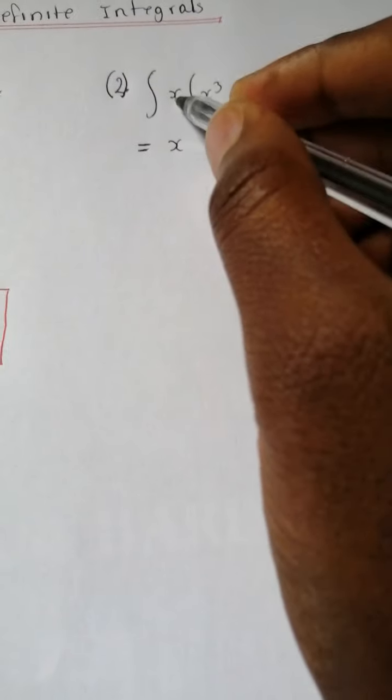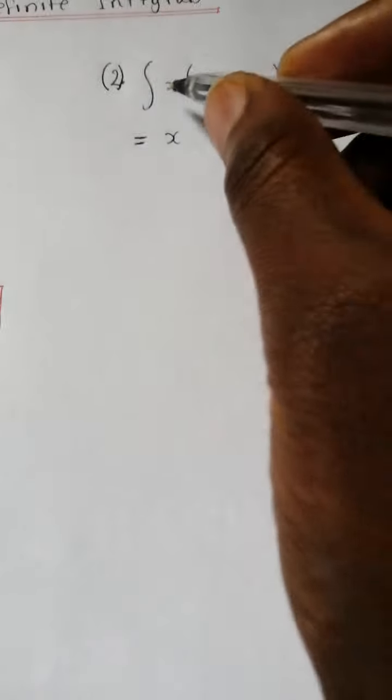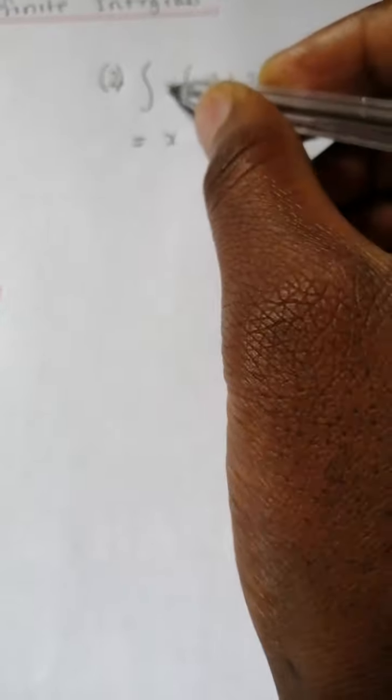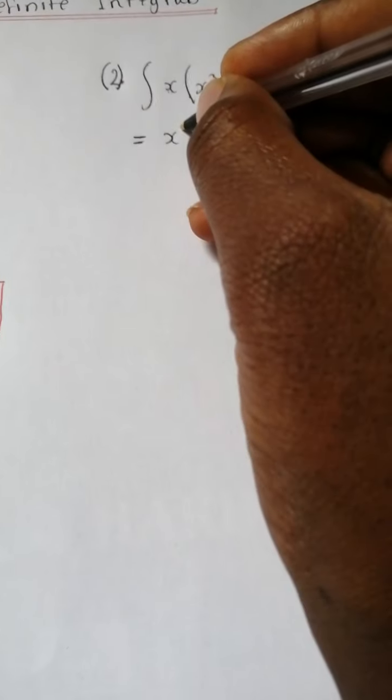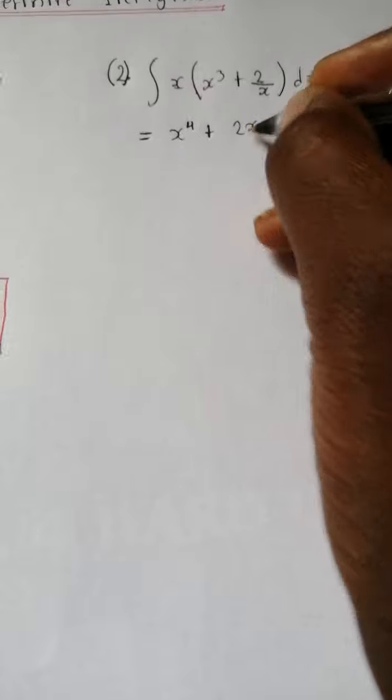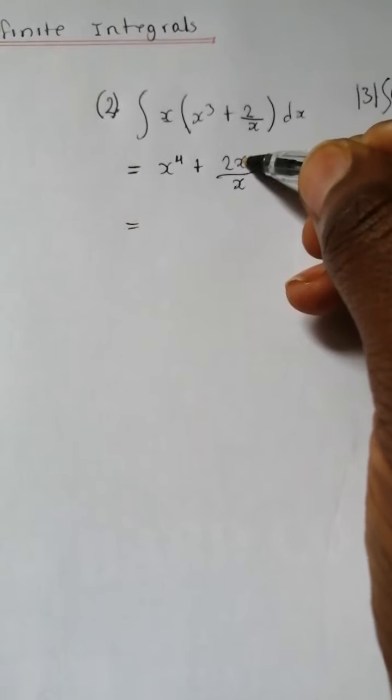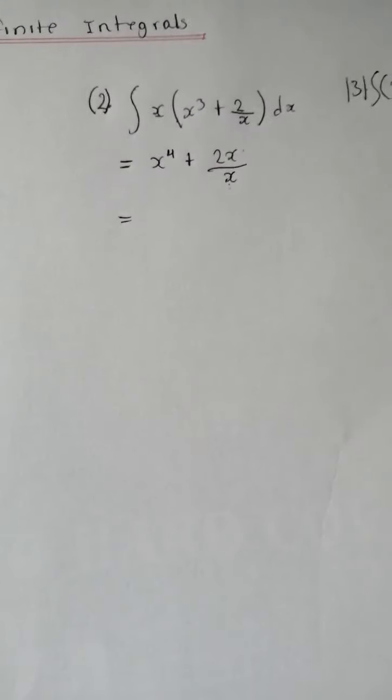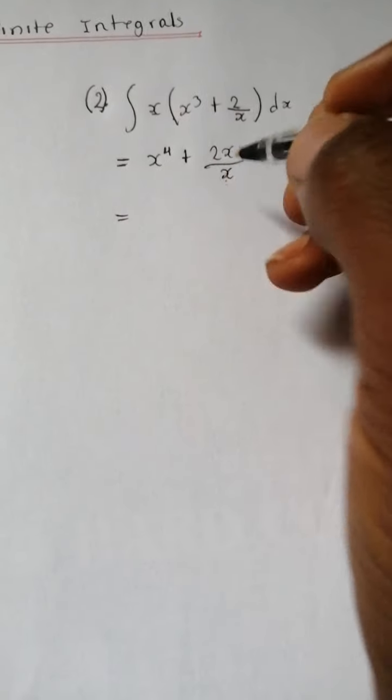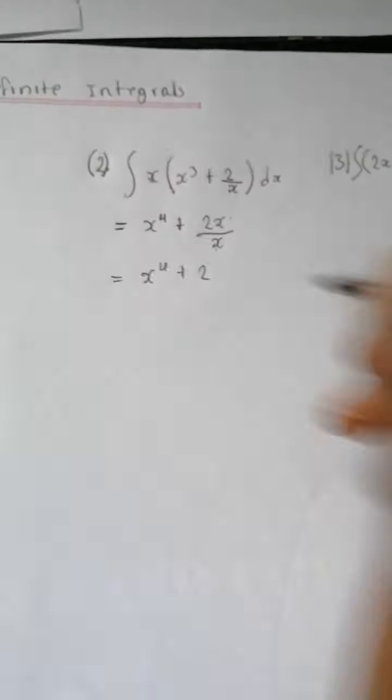We are going to open the brackets by multiplication. x times x cubed is going to be x raised to the power 4, plus x times 2 is 2x over x. Here we can see that the x will cancel, leaving behind 2. So it will be x raised to the power 4 plus 2.